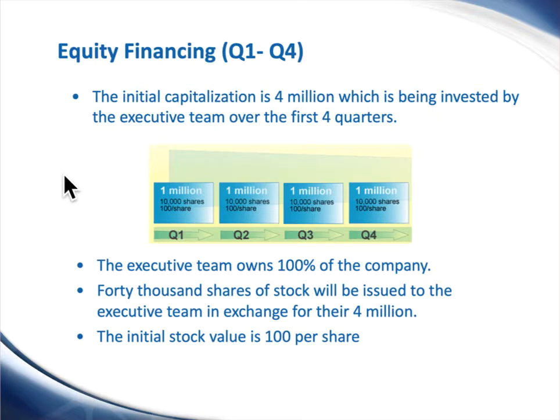So in other words, at end of quarter 5, the executive team owns 100% of the company. And you have about 40,000 shares of stock for your $4 million investment, with an initial stock value of $100 per share.